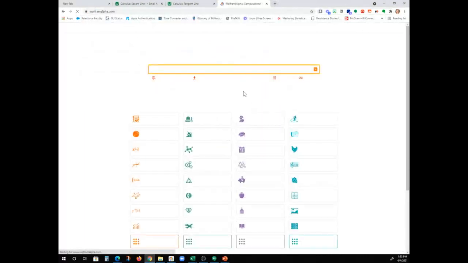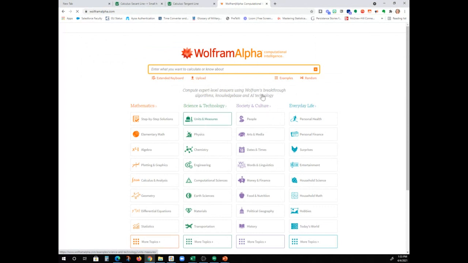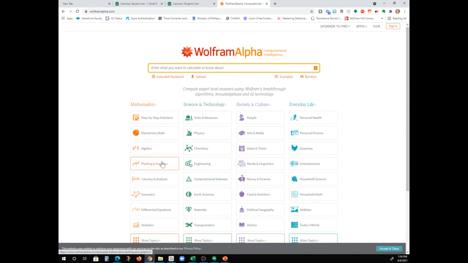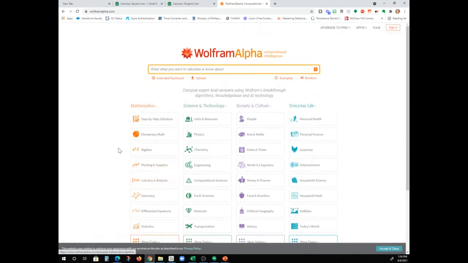So Wolfram Alpha, there's lots of websites that you can use to do algebra, but I like Wolfram Alpha because they've got examples of how to do this stuff, and it does calculus. It does a lot more than just algebra, and that's what I really like about it, is that it's useful for a lot more things.